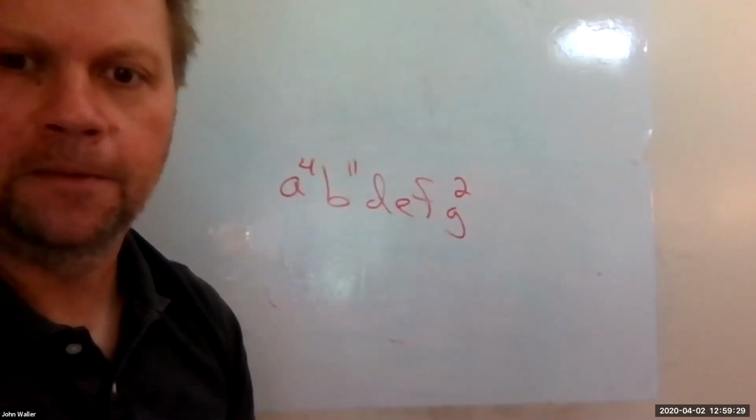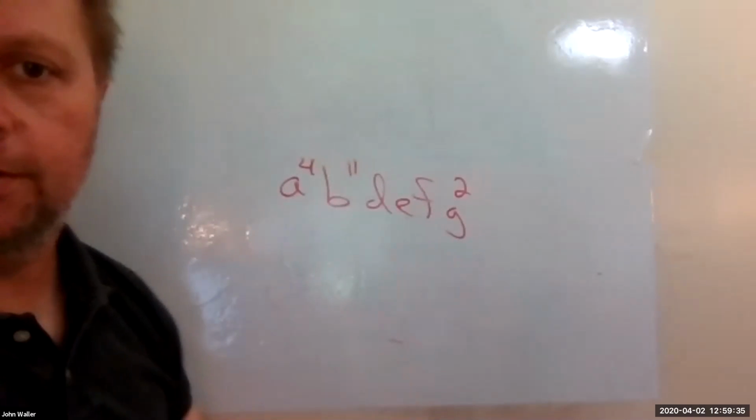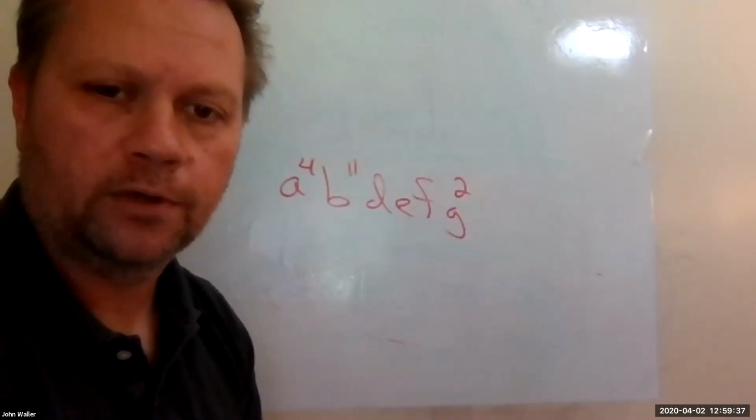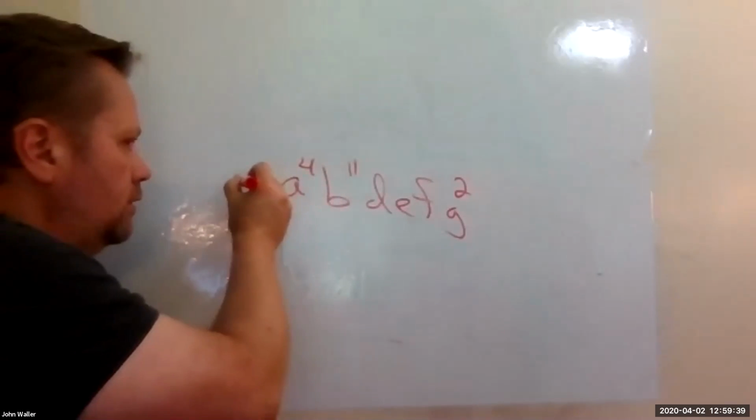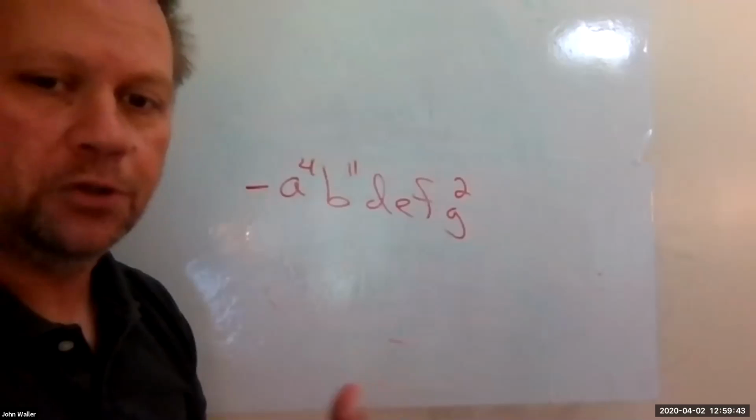Oh, okay, I see, Alani. It's one term. There's no additions, no subtractions, right? And just to make sure you understand, this is still one term. If I put a negative sign there, it's still one term.